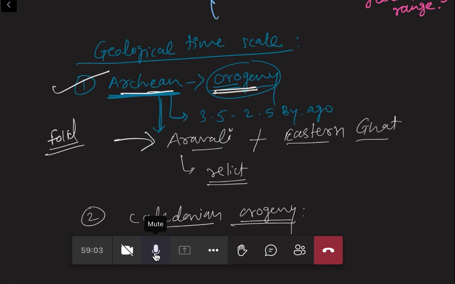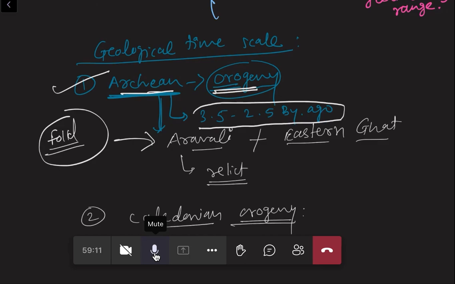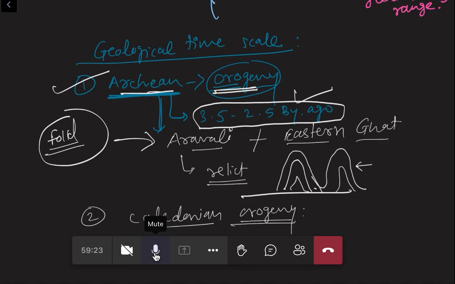Yes, earlier Aravallis were fold mountains, sedimentary mountains, but after so many years, just 3.5 to 2.5 billion years, in this much time, they have transformed and eroded. Earlier Aravallis, I said yesterday, were very big, with a height beyond 9 kilometers, like what we see in Mount Everest.